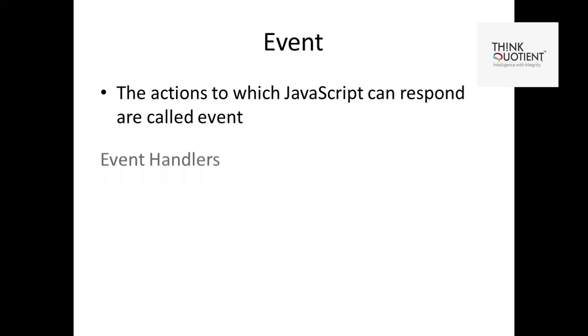Today we're going to start with the concept of event handlers. An event handler is JavaScript code that is associated with a particular part of the document and a particular event. For the particular event, whatever action I want to perform, to define that I have to write some event handlers.